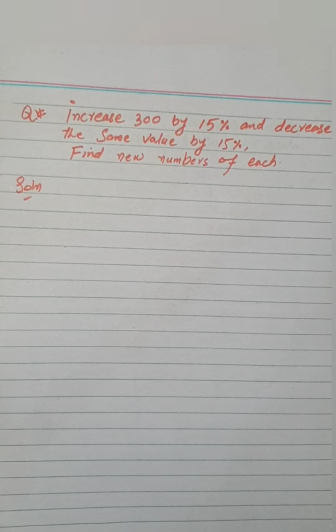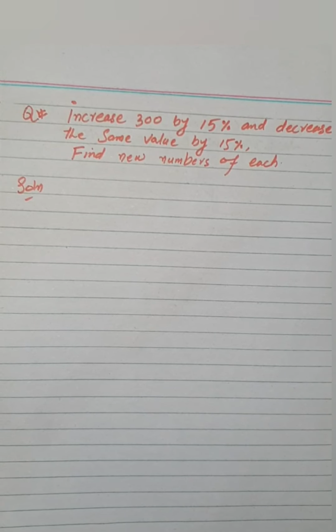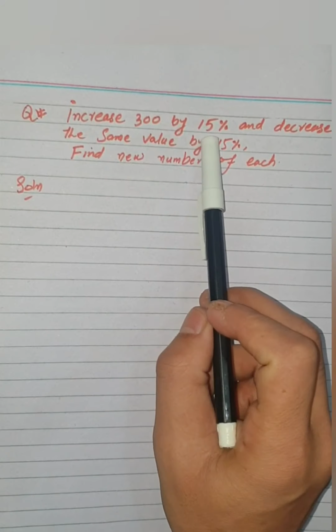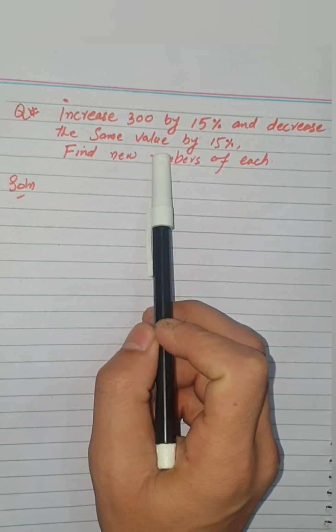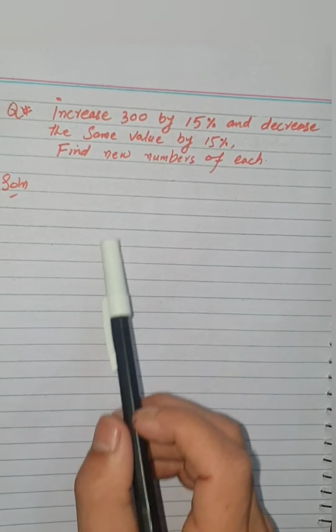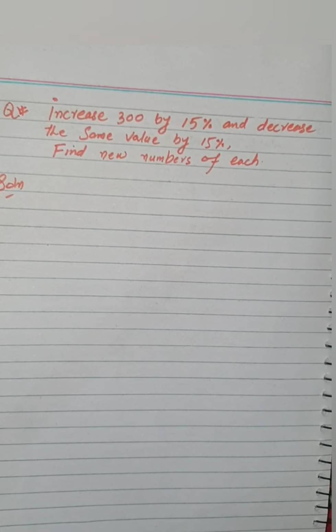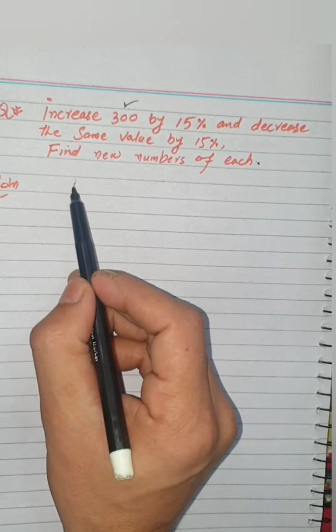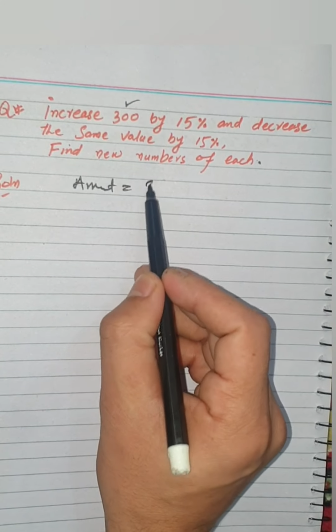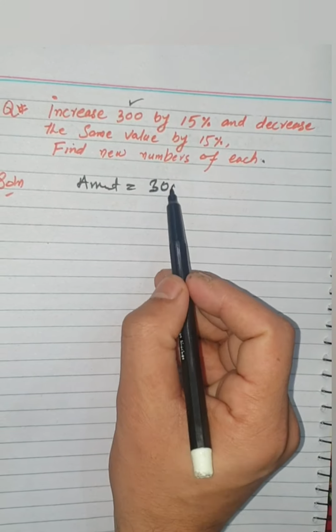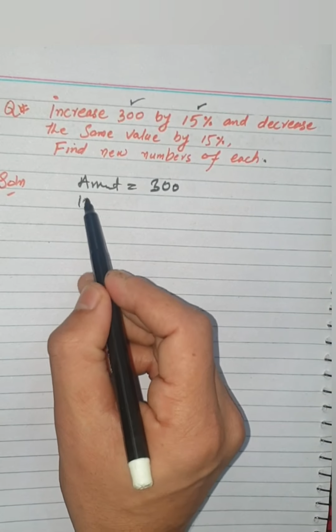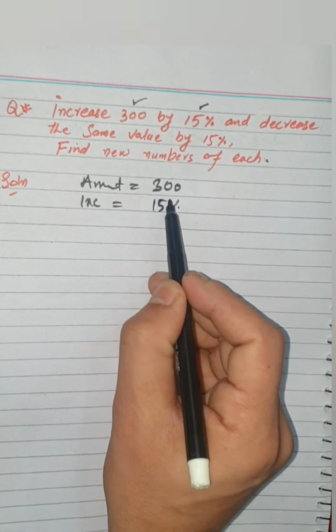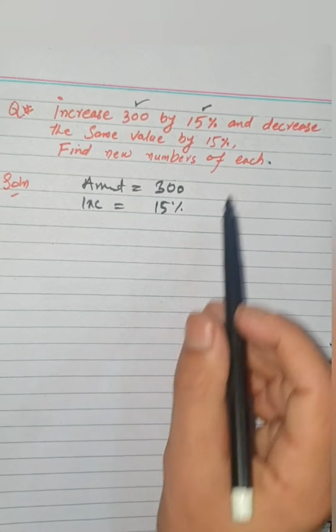A similar question is here: increase 300 by 15% and decrease the same value, meaning 300, by 15%. Find the new number of each. This means we have an amount, 300, and in this 300 there is an increment of 15%. The question is, what is the new number?